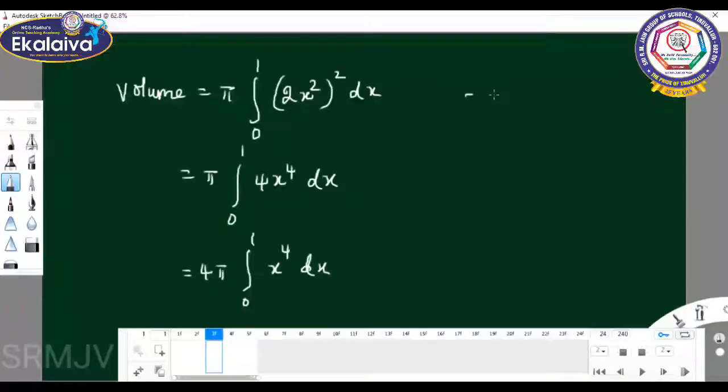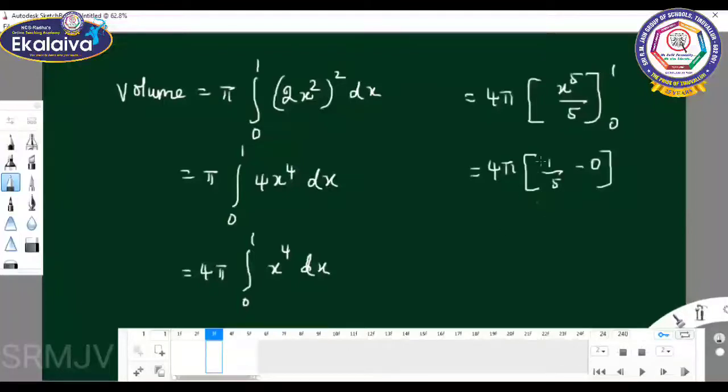So it gives 4 pi into x power n plus 1 by n plus 1, that is x power 5 by 5, with limit 0 to 1. 4 pi, upper limit minus lower limit 0. 1 power 5 value is 1.